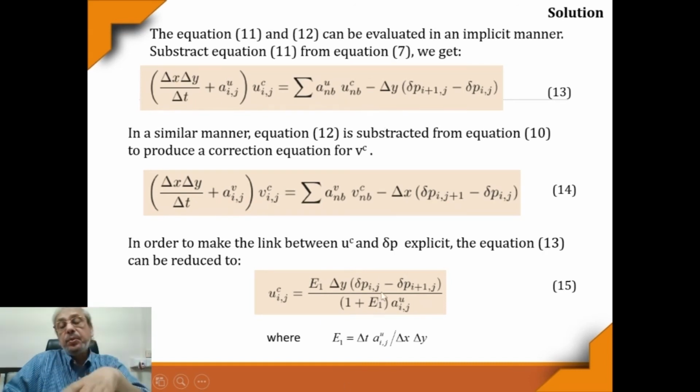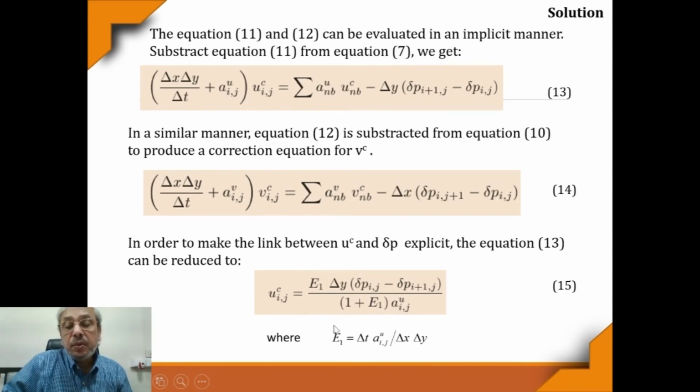After algebraic rearrangement, this E subscript 1 is delta t a_ij^u divided by delta x delta y. a_ij^u is the coefficient of the velocity correction term, the same coefficient as when we wrote u_ij^n, and when we derived the u momentum equation we had a term by term expansion of a_ij^u. You can look at that again.